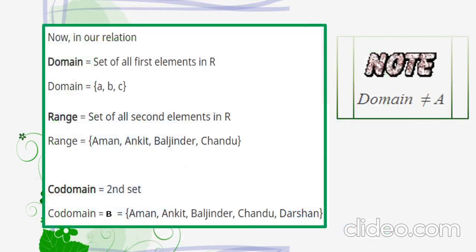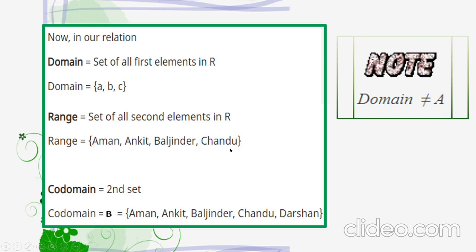Now we have to understand three new terms. One is domain, other is range and third is codomain. Domain is basically the set of all first elements in the relation. So as per this example, the domain is the collection of these three alphabets A, B and C because these three are in the relation. D is not in the relation, so that will not come in the domain. Range is the set of all second elements.